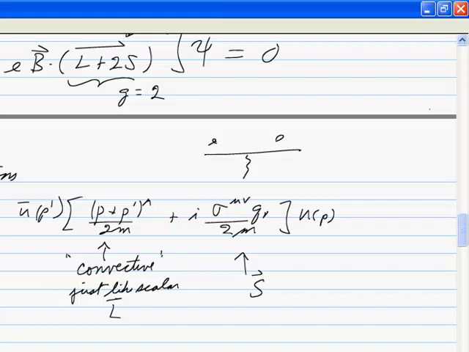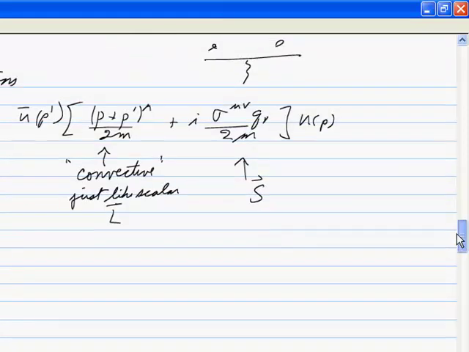And so the point is that by looking at the factor in front of the sigma mu nu q nu, you can get out the magnetic moment piece. That's this.